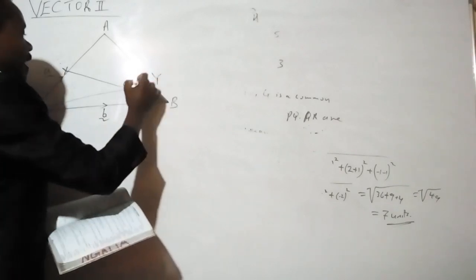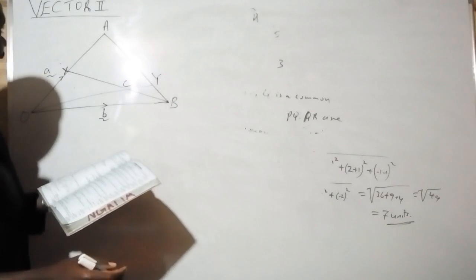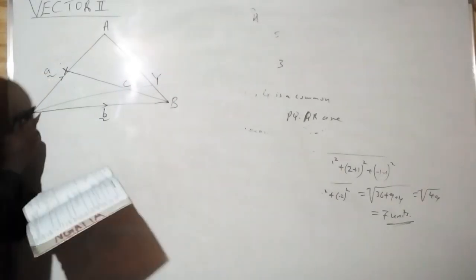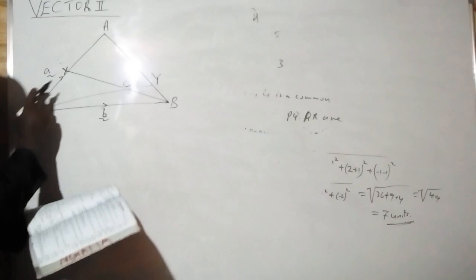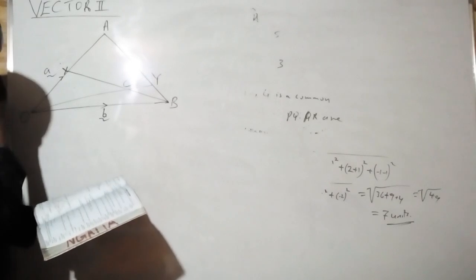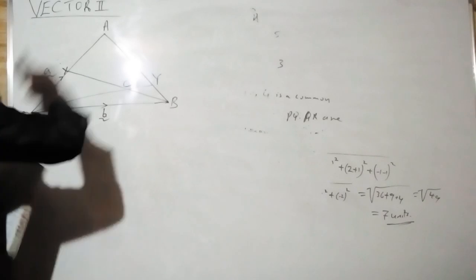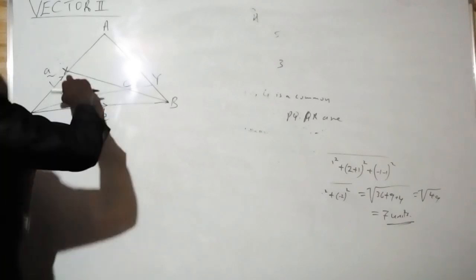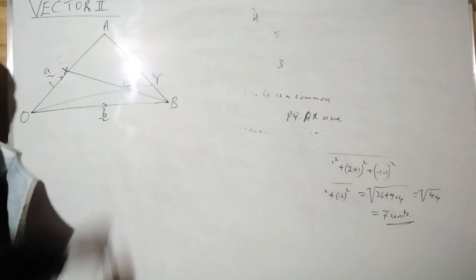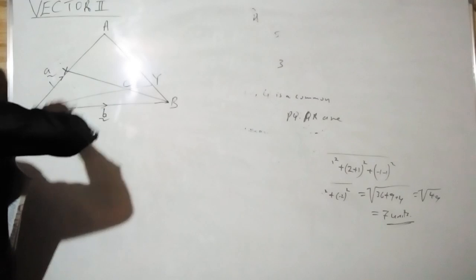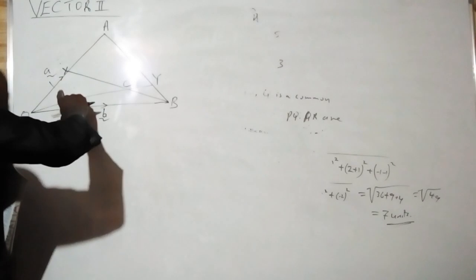OX to OA is 1:2. OX is 1, so that O to A is 2. It means XA will be 2 minus 1, because OA is 2, and you know that OX is 1. We are going to say 2 minus 1 is 1.